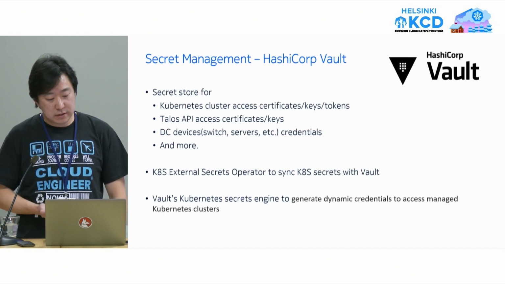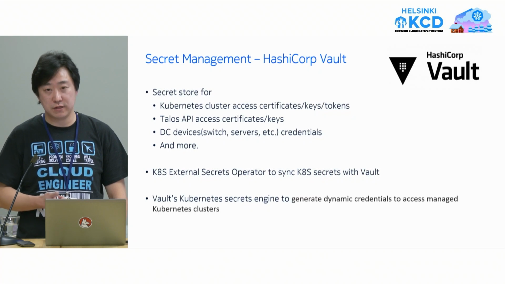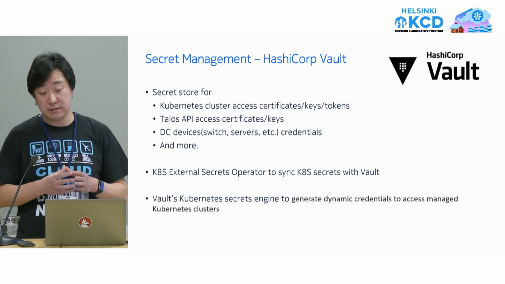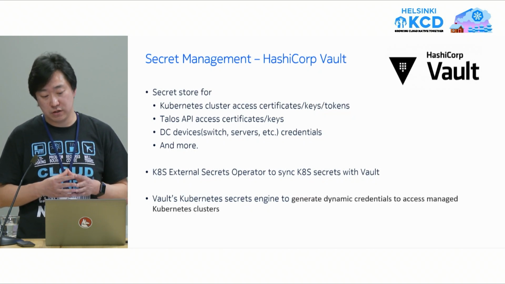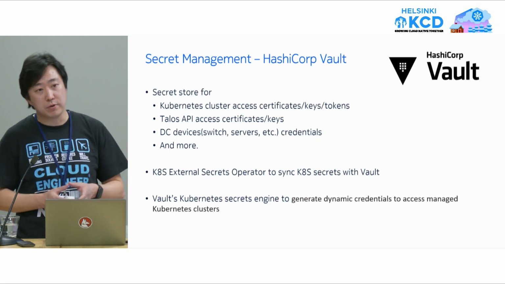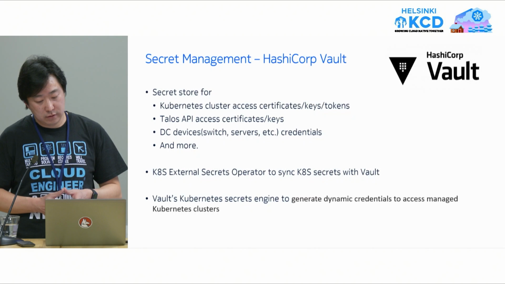In the management cluster, we use the Kubernetes External Secrets Operator to sync the Kubernetes secret with the secret in the Vault. That secret I'm talking about is mainly the BMC credential of the servers, which will be used by the Cluster API operators to control the power of the servers, for example.